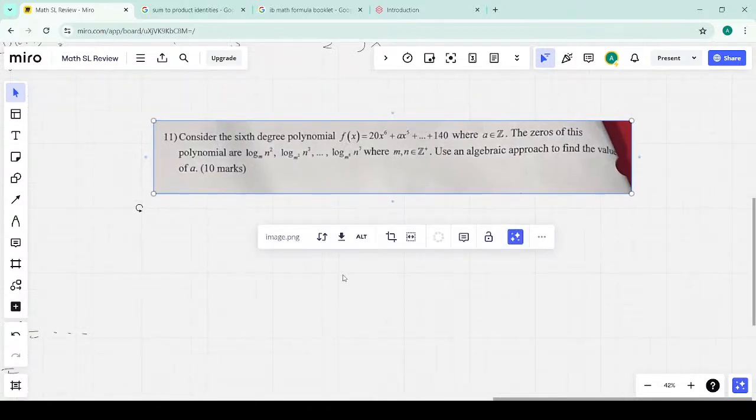Consider the 6th degree polynomial f(x) equals 20x to the 6 plus ax to the 5 all the way to 140, where a is an integer. The zeros are log m n squared, log m squared n cubed.